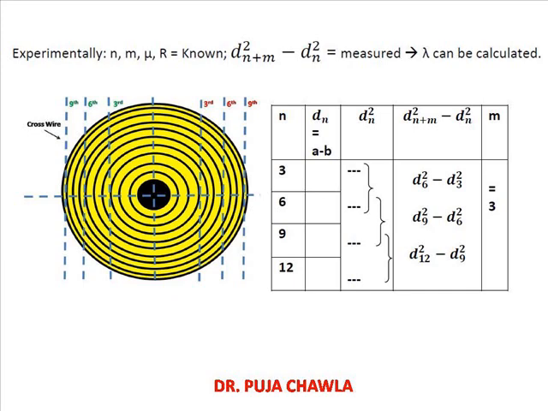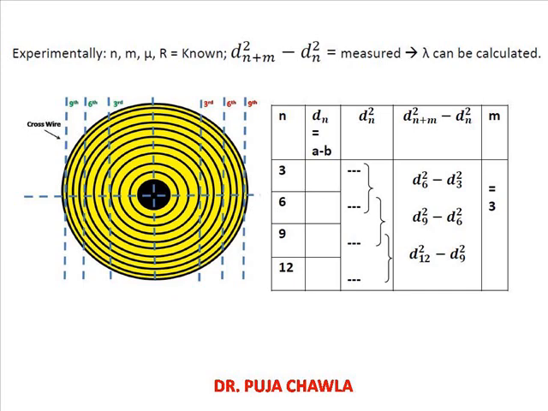That means how many fringes gap have we taken? M is 3. Now from the fourth column, I may take the mean of these values. That mean is the mean value of Dn plus m square minus Dn square, and m is 3.